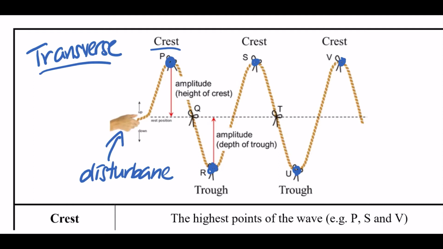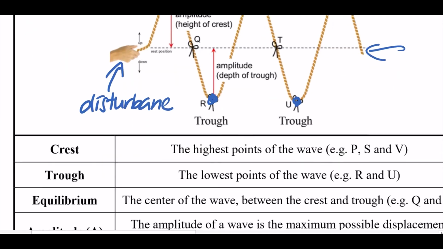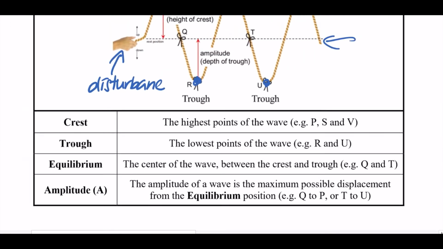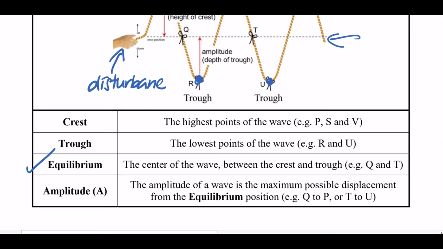Now there's the high point, there's the low point, and there is a center. This center is what we call the equilibrium point, the center of a wave between the crest and the trough.